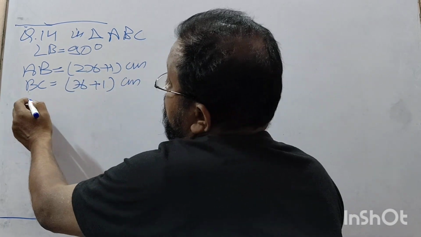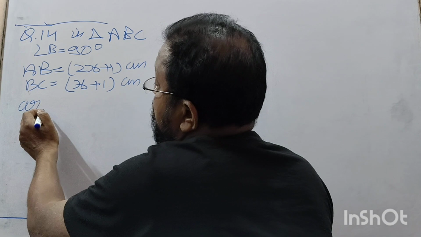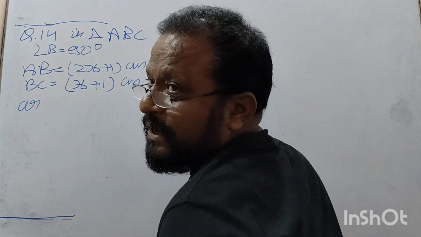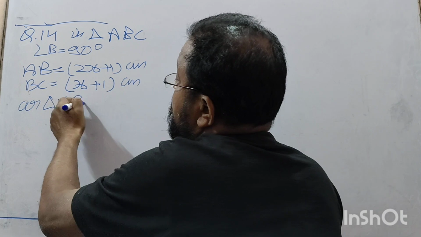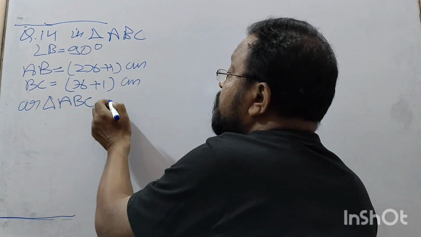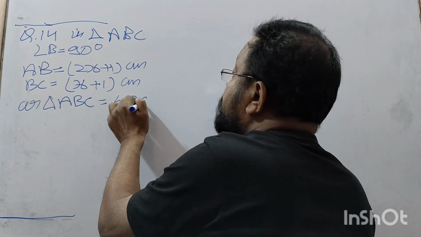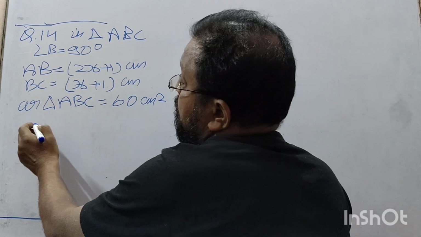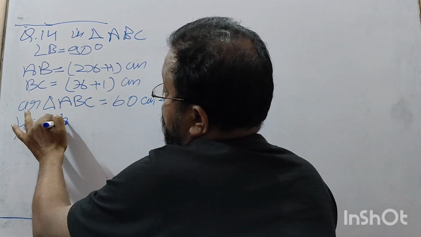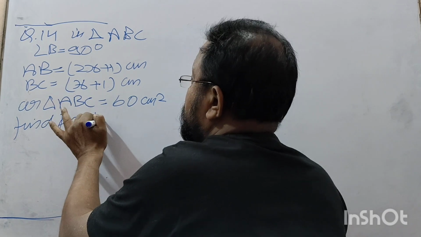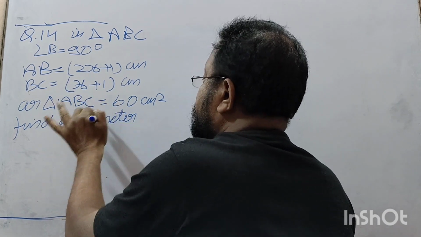If the area of triangle ABC is 60 centimeter square, find the perimeter.